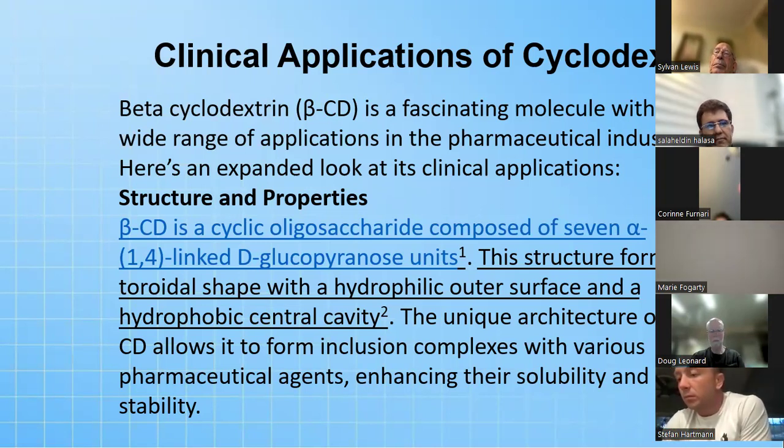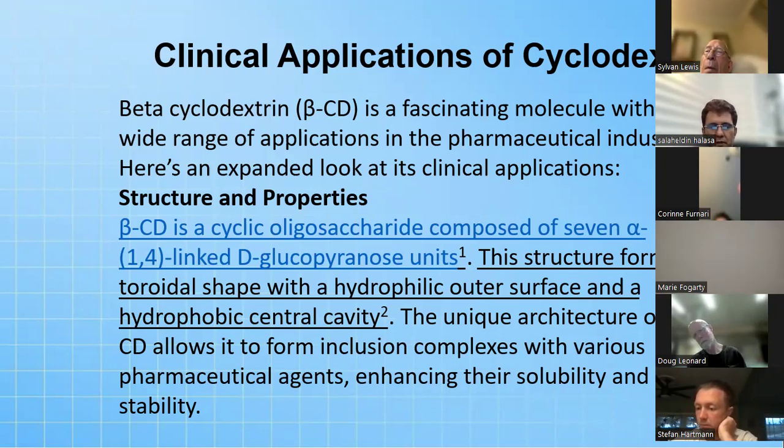And the absorption will go through the lymphatics. So that's also a good thing, bypassing the liver metabolism. There are many good things about loading drugs in cyclodextrin. And all the big pharma are moving in this direction.